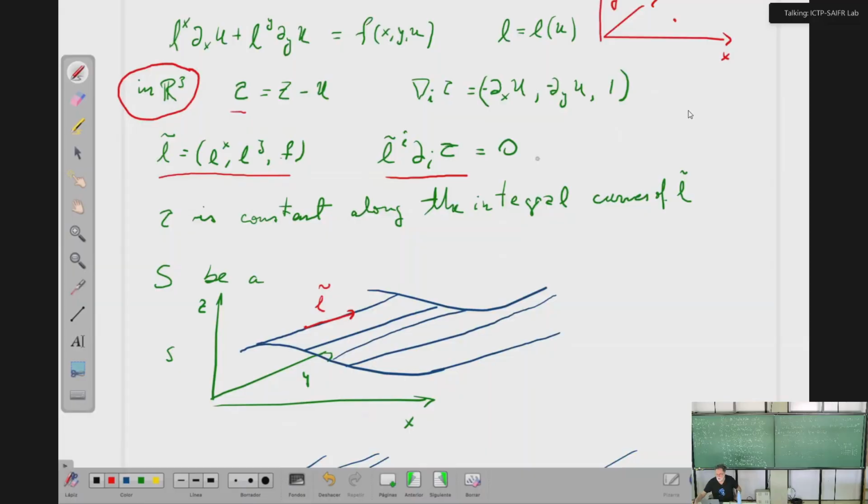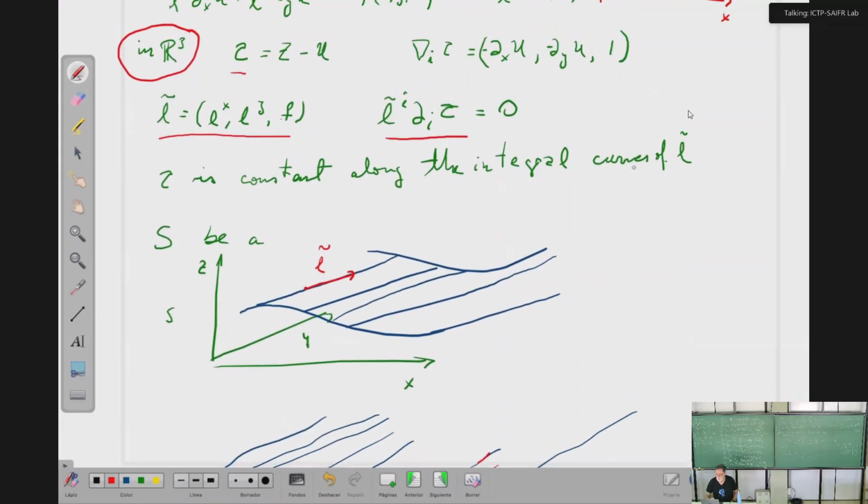So what we know is that along this vector in 3D, the tau is constant, right? This is for f equal to 0. It's constant along the integral curves of L twiddle.